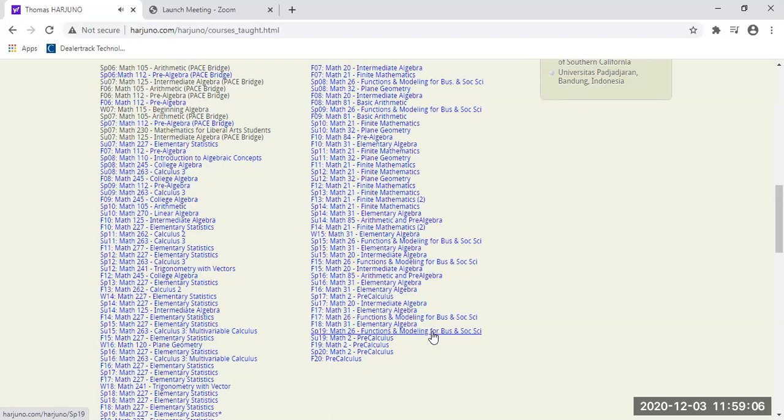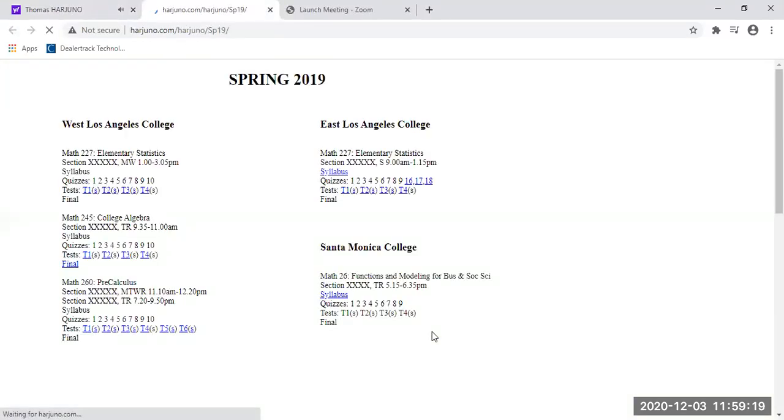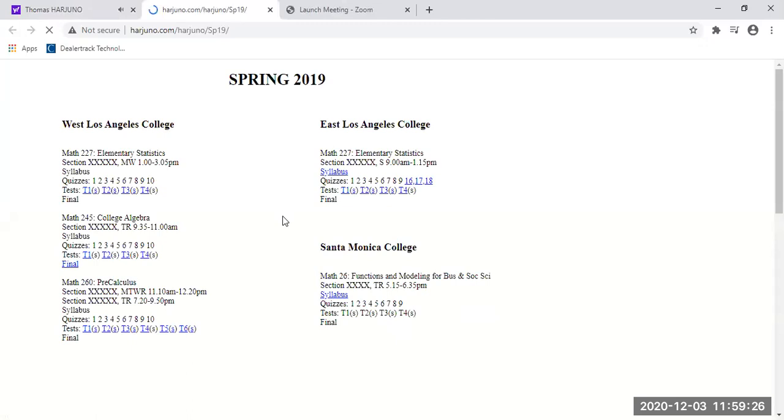The first couple chapters of their textbook are arranged differently compared to your textbook. However, their test 4 material is already the same. So when I click this spring 19, I don't post anything there.